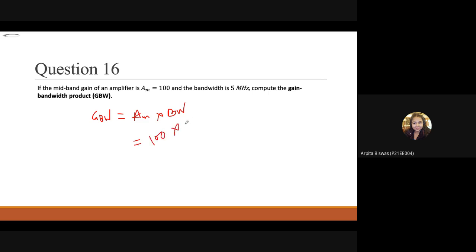Bandwidth is 5 megahertz, into 10 to the power 6. 500 megahertz. GBW.